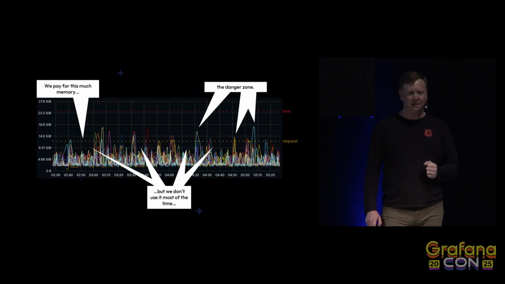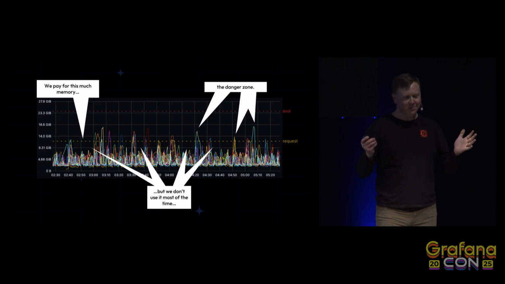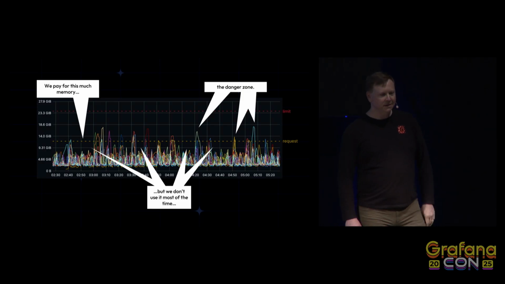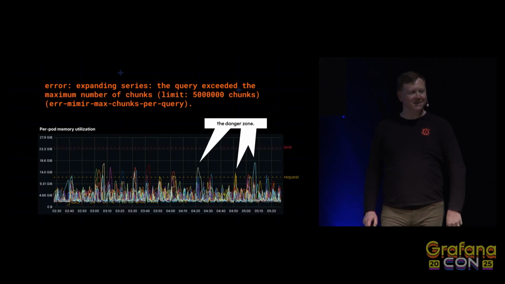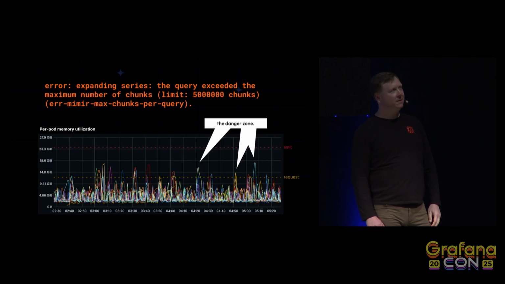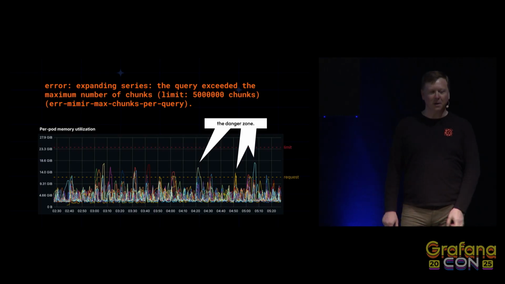One of them is this dynamic you see, which is we're paying a bunch of cash to be overscaled. We're wasting a bunch of money. And the other one is, well, you've already seen that too. It's the error. So we put these limits in the system to protect the system, to keep from crashing, to keep from running out of memory.